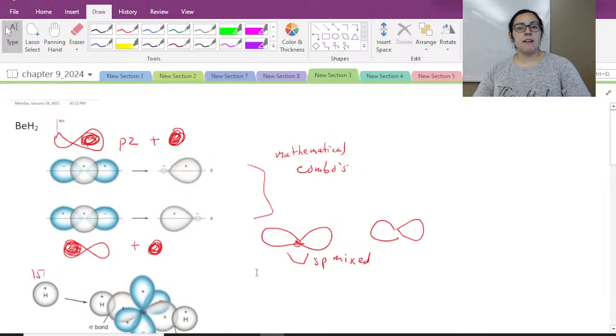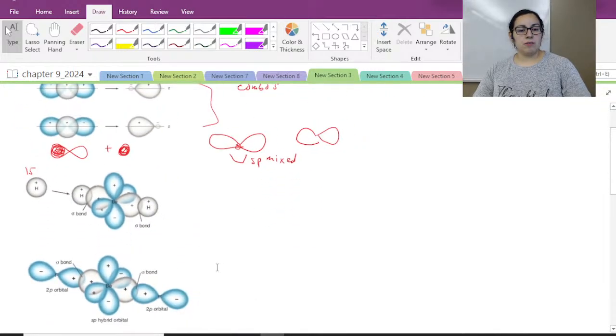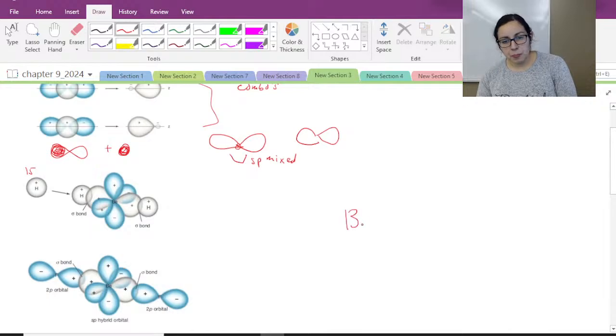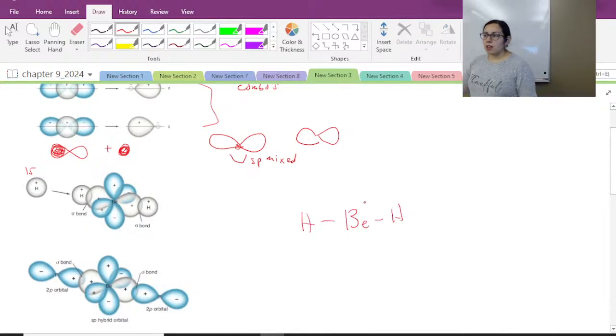Yeah, question? In our MO diagrams, we've been able to do between two atoms. What if we wanted to do beryllium H2? How would we do that in our MO diagram? So it kind of depends for that one. If you were doing beryllium H2, this is where that symmetry comes into play.